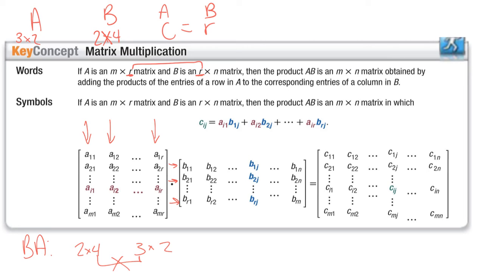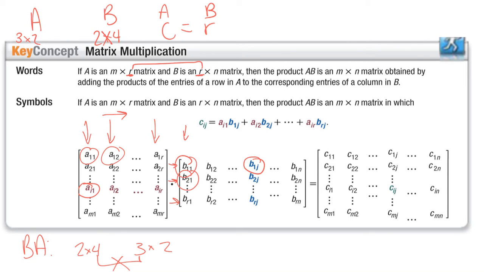So the way you do this is you look at whatever number row you're on times the column. If this was the first row, it would be A11 times B11, A12 times B21. So that is a little different. You're going to the right, and then you're going down.